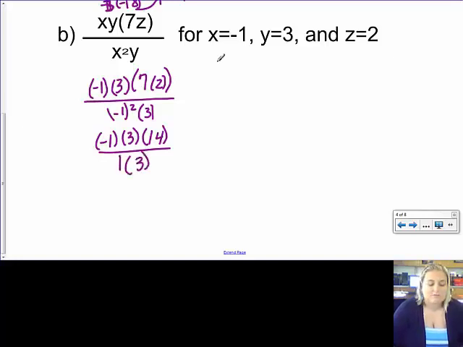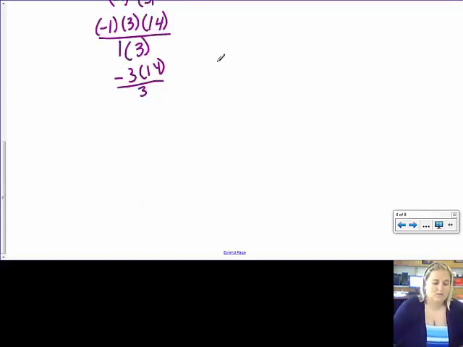I can simplify at the same time on the top and on the bottom because nothing is happening between them until that division step. So then I have -1 times 3, which is going to be -3 times 14, over 1 times 3 is 3. -3 times 14, okay, negative times a positive is a negative.